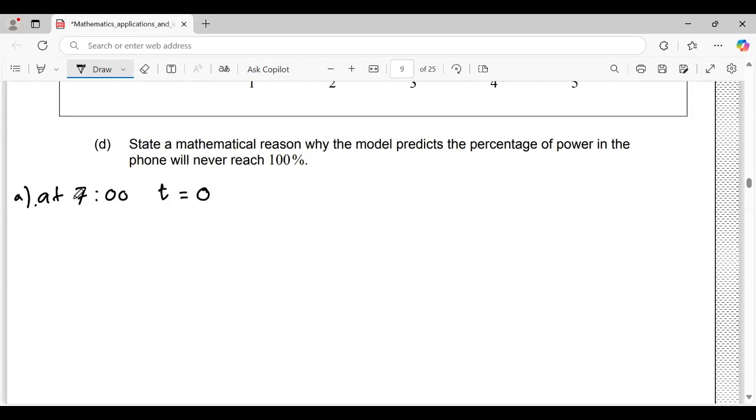Because it starts at 7 a.m. If t equals 0, it means P becomes 100 minus 60 times a to the power minus 0, which equals power 0. So it is 100 minus 1 times 60, 60, it is 40%. Next, part B.